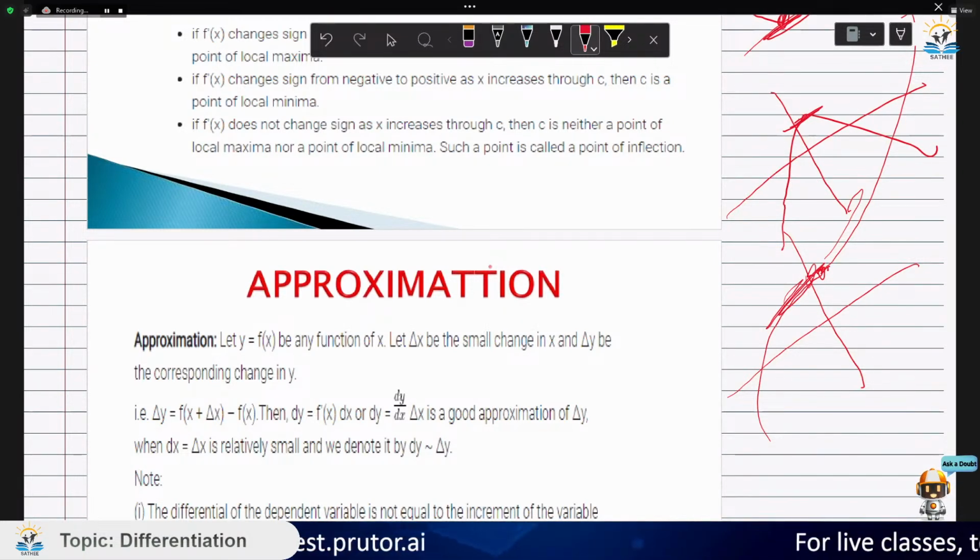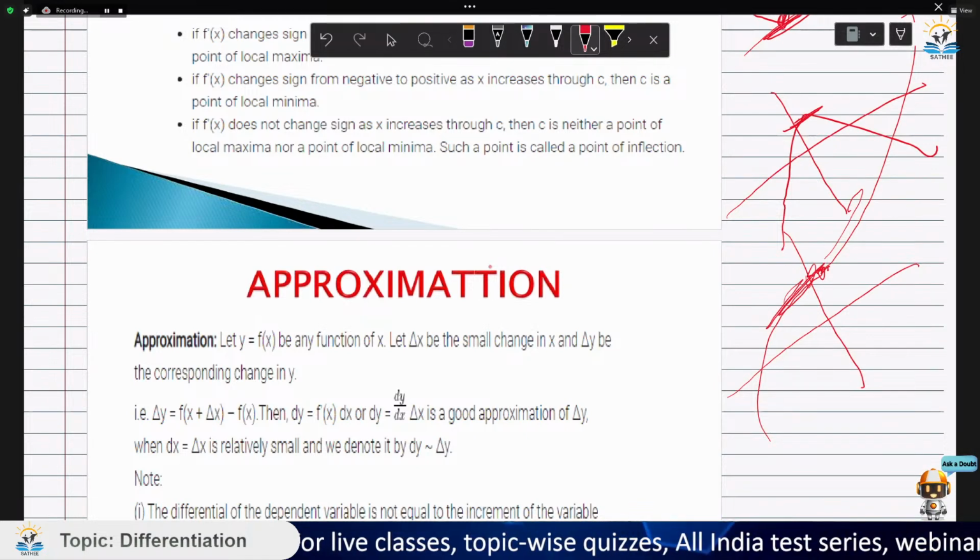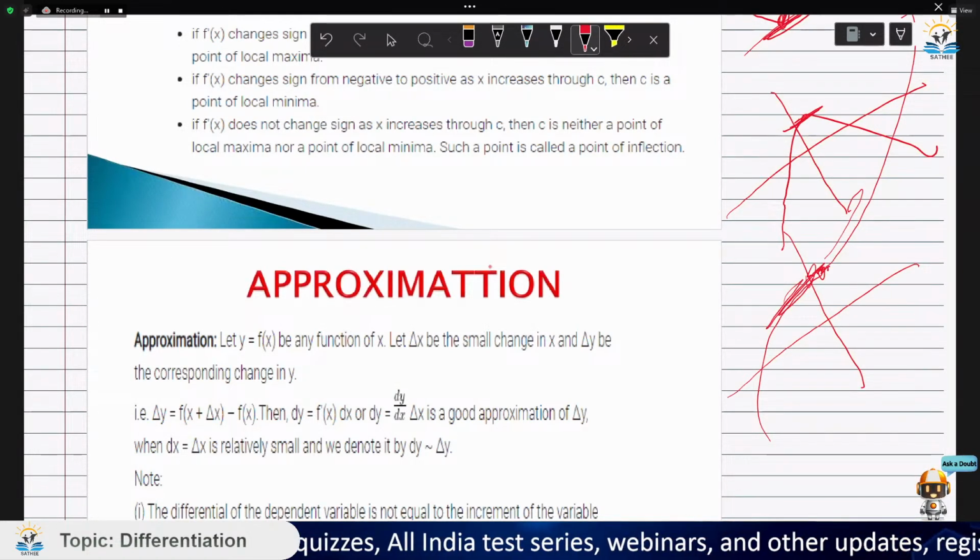Let's add and subtract 2 here, and what we are left with is 1 minus 2 upon (e to the power 2x plus 1). Now let's differentiate. So it is 1 minus 2 times (e to the power 2x plus 1) to the power minus 1.